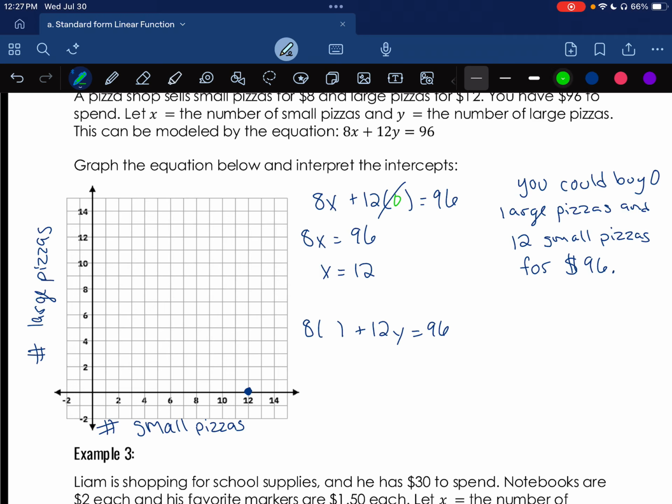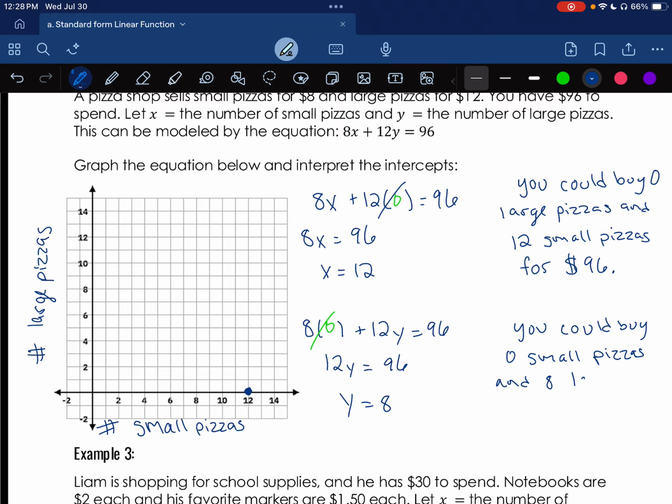Okay, so we could buy 0 small pizzas and 8 large pizzas for $96. So that point would be right here.